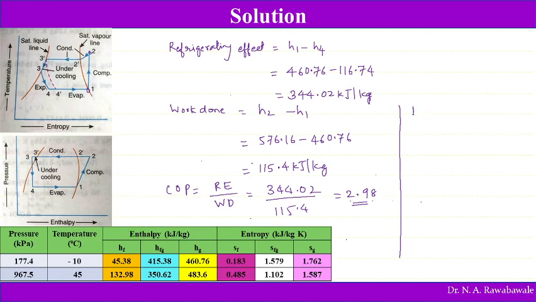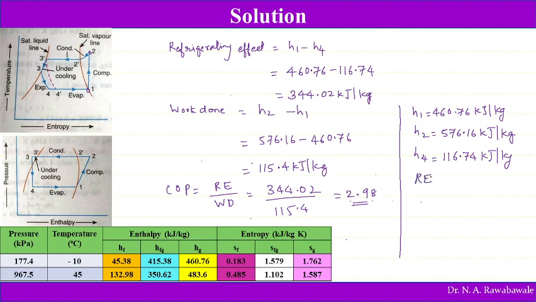So summary of this is, we know H1 value, which is equal to 460.76 kilojoules per kg. We know H2, that is 576.16 kilojoules per kg. Then we know H4, which is 116.74 kilojoules per kg.